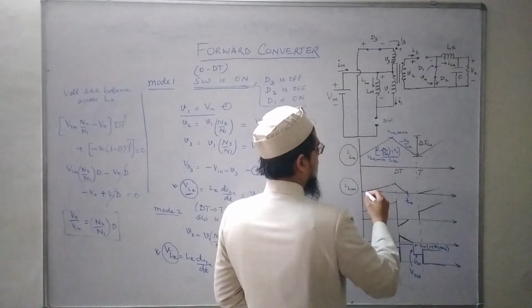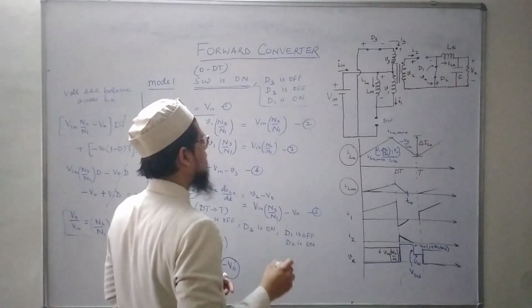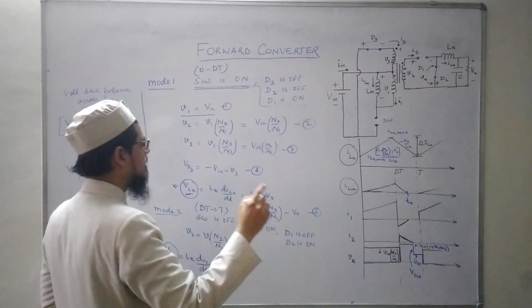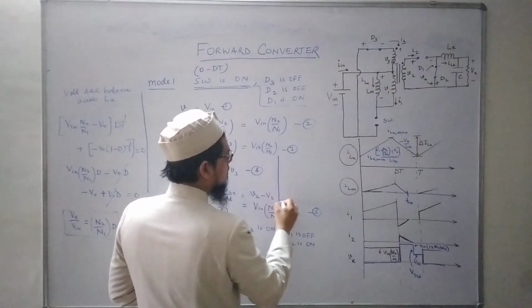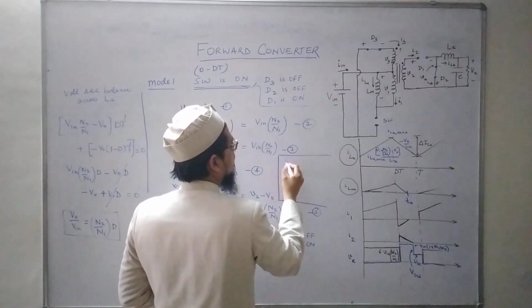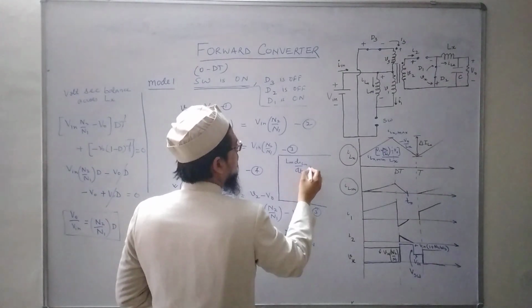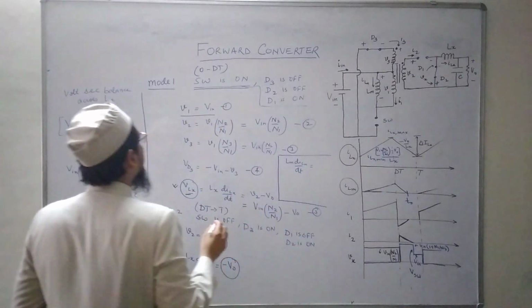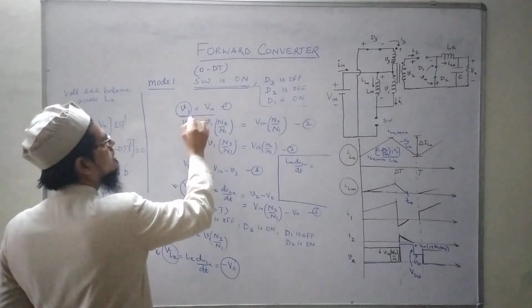So it is increasing linearly, and we can actually see that it is increasing linearly. So let me just write the relation here. So in mode 1, Lm dILm by dt is equal to, you could see here that it is equal to V in, is it?